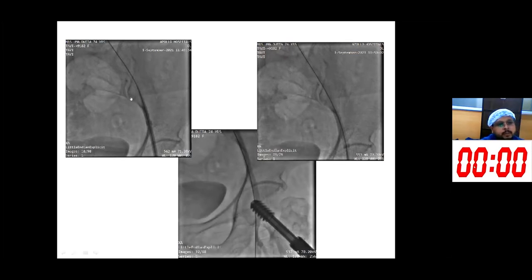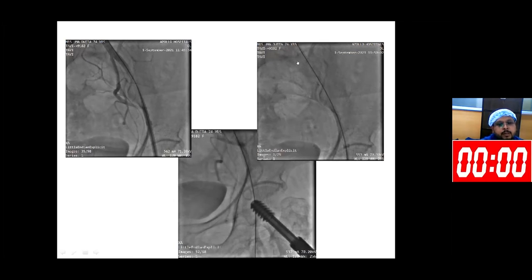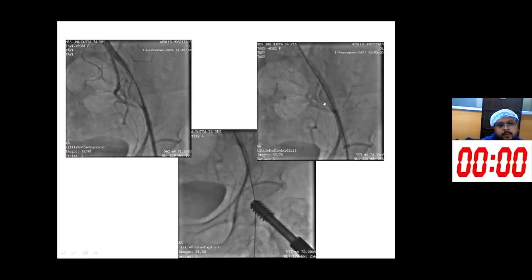While removing the sheath, we gave a small angiogram to see if there was any perforation. We were lucky; in spite of very small femoral arteries, there was no definite perforation or tear. After that, we closed the puncture site with a ProGlide.